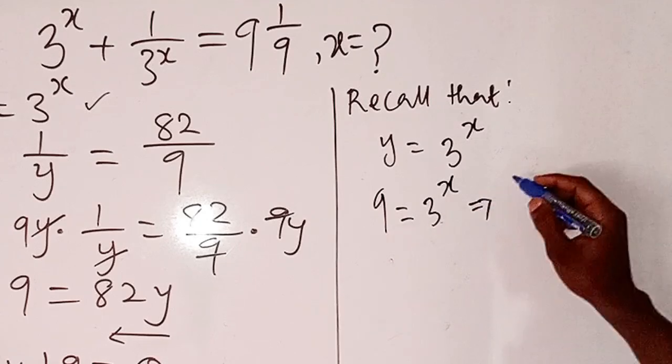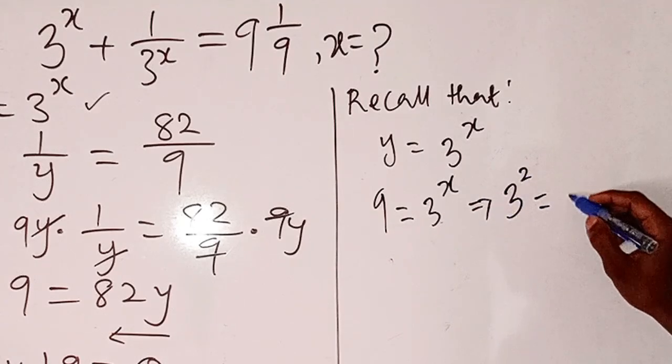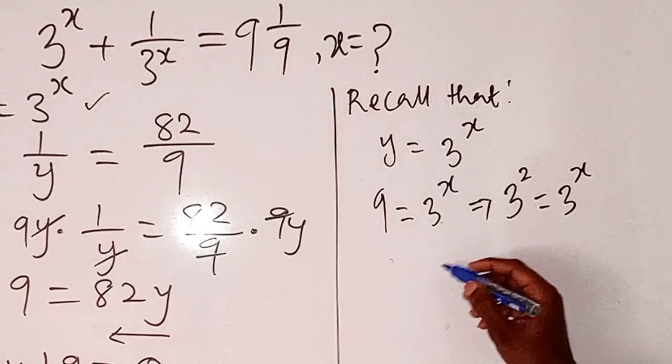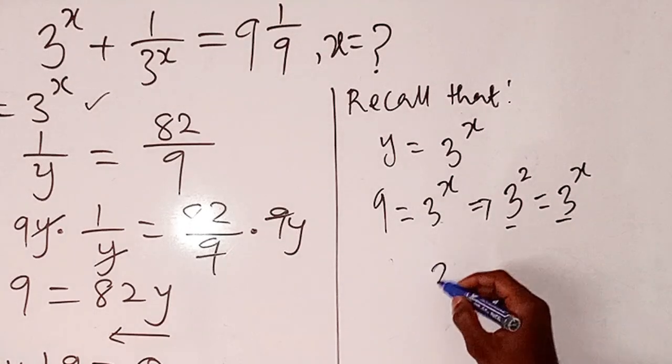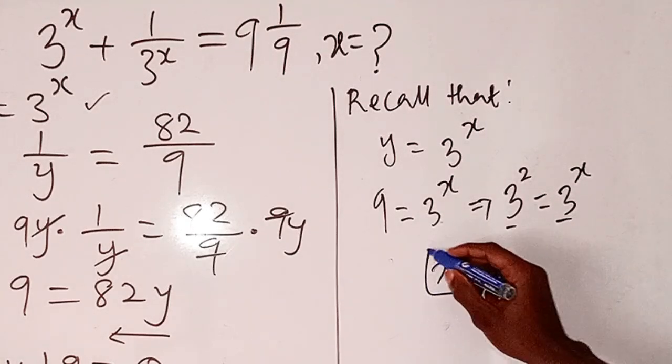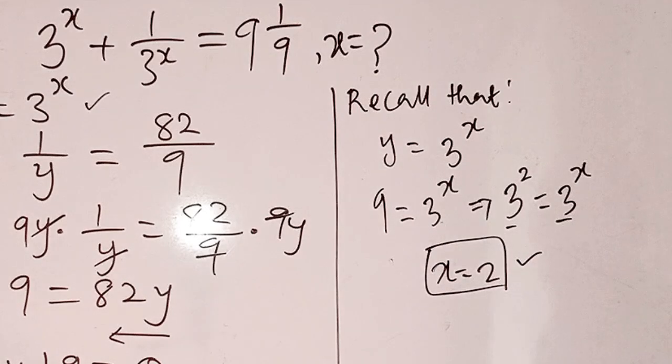This implies that 9 is 3 to the power of 2, which equals 3 to the power of x. So now, since we have the same base, we can deduce that x equals 2 here. So we have one solution, x equals 2.